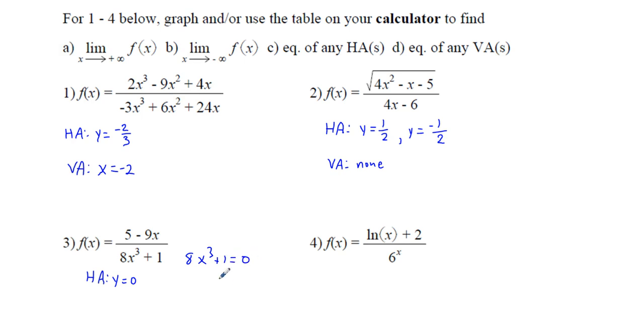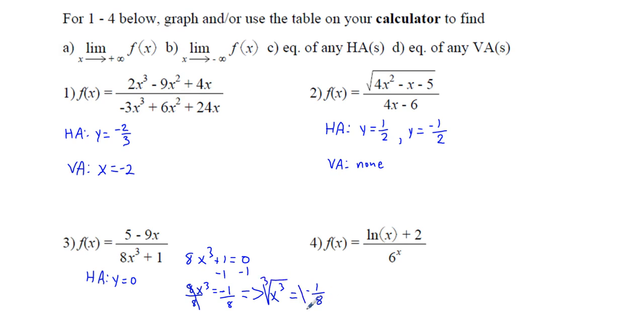And if we just solve for x, subtract 1, so we have 8x cubed is equal to negative 1. And dividing by 8, we have x cubed equals negative 1/8. And then we can solve for x by taking the cube root of both sides.